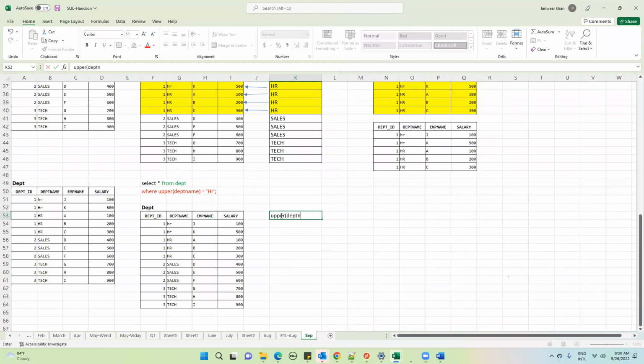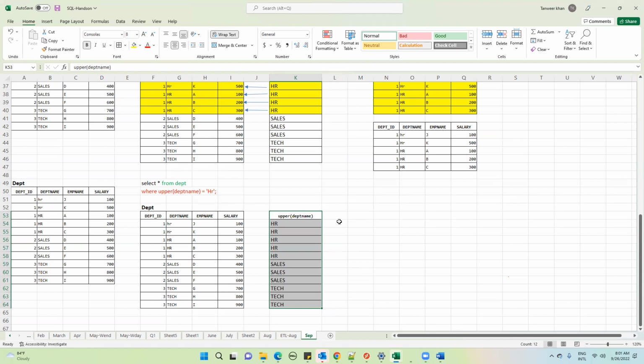So that is why I'm telling you it is happening in the temporary memory. Upper department name. Quickly your SQL engine will convert all those things in uppercase. So far, any question? Clear?